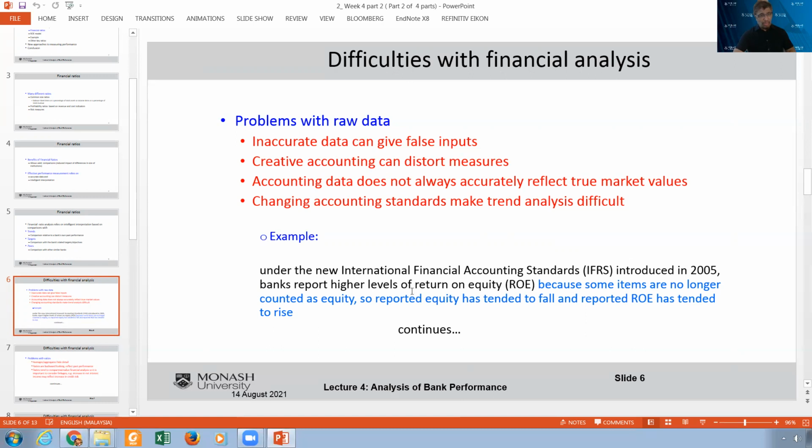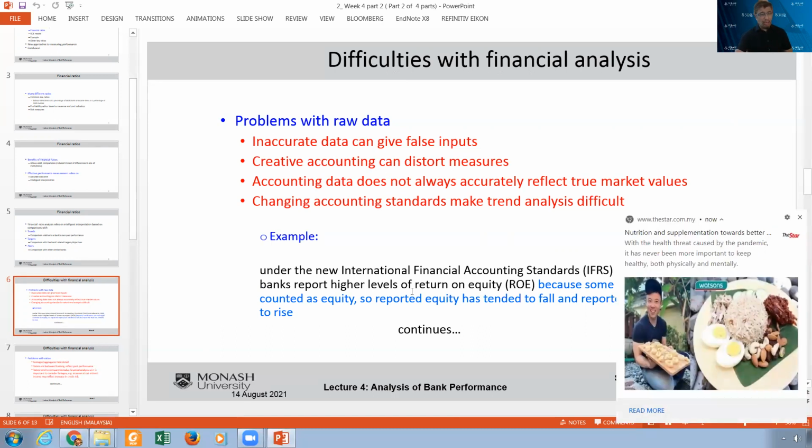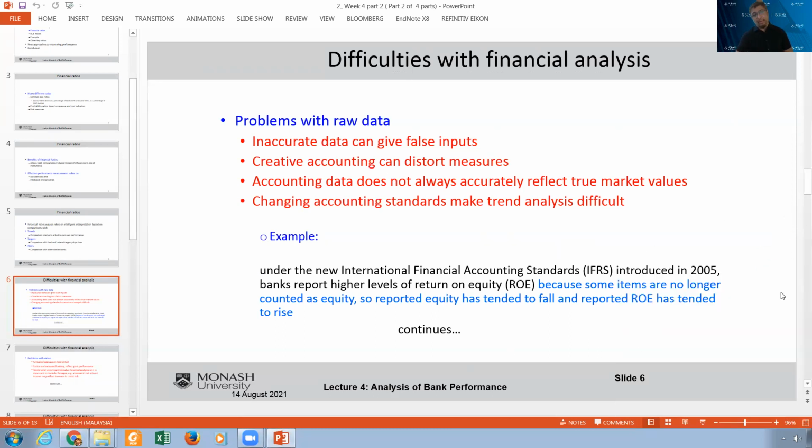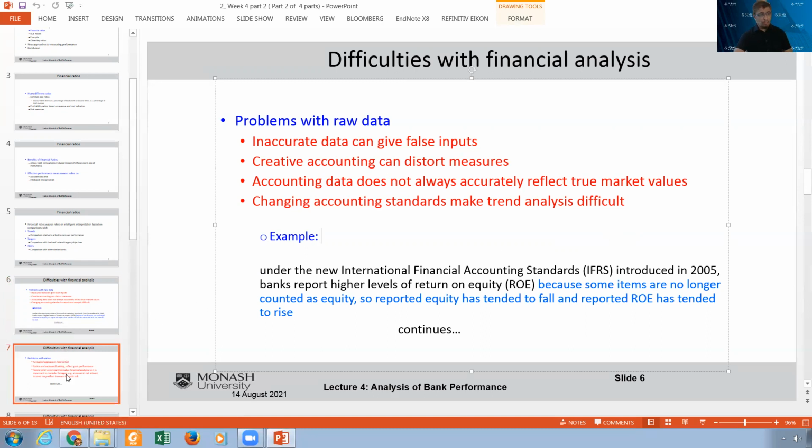So if the equity is high and you compare the return on equity last year, and you compare it after the change of the accounting policy and the equity is now becoming smaller, the return on equity will be higher, and therefore the ratio will be higher. And this, what we say, accounting policies can actually change the interpretation, especially when we are talking about trends.